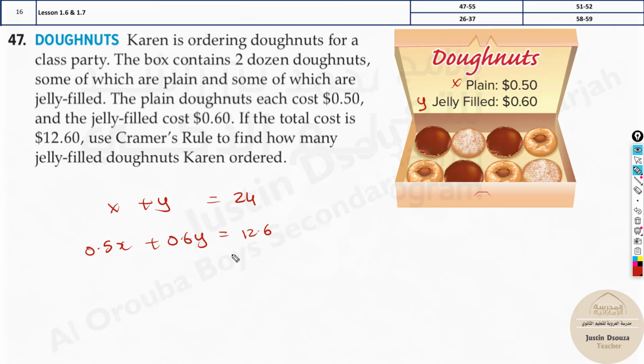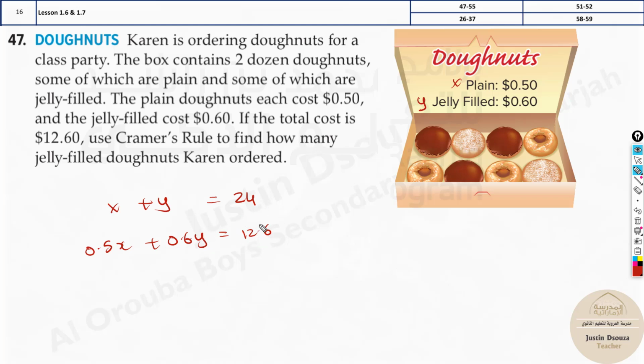Now let's analyze this. I'll just explain what exactly this means. See, first of all, you do not know how many plain donuts there are. You do not know how many jelly filled there are. It can be random. Though we do not know exactly how many there are, we just know the total number. It can be 3, 4, 5 for x and the other can be y. But we have no idea. But we know that each of them costs 0.5 and 0.6 respectively for plain and jelly filled.